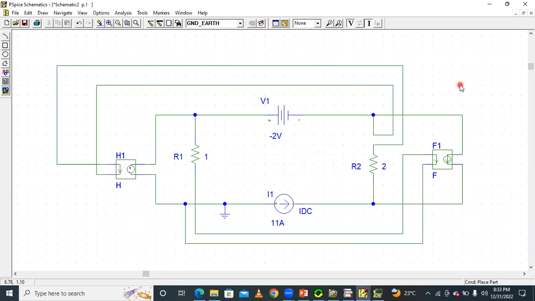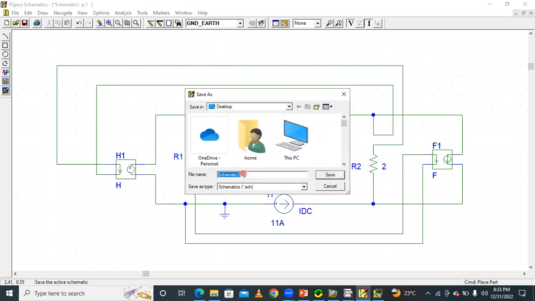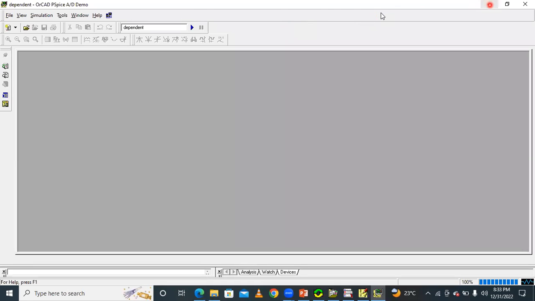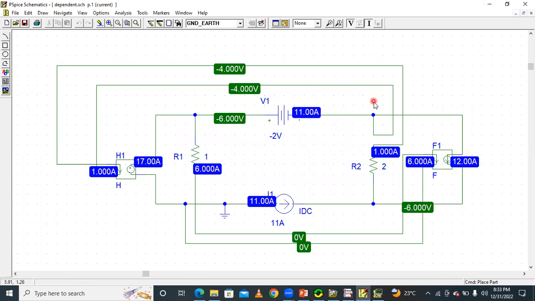Everything is connected as per the circuit diagram. Then save. Dependent sources. Then after saving, simulate. So these are our values.